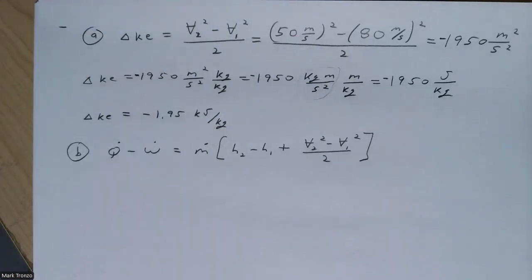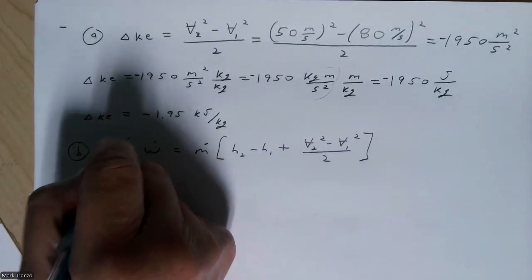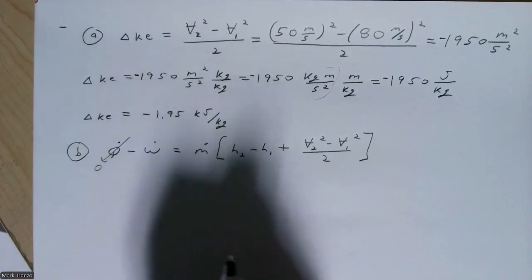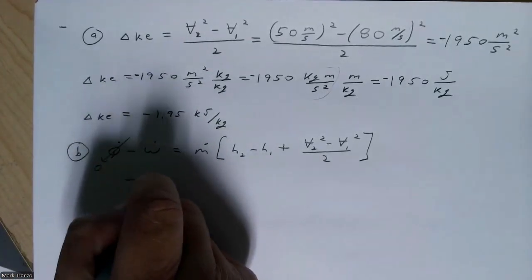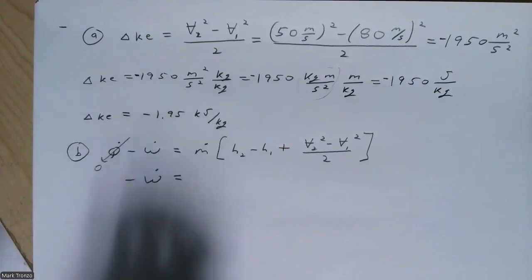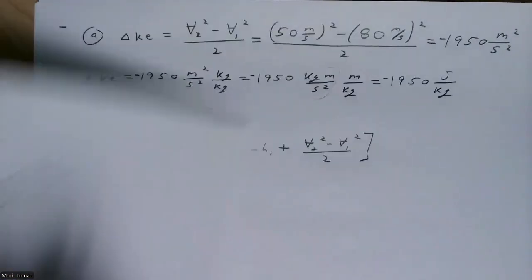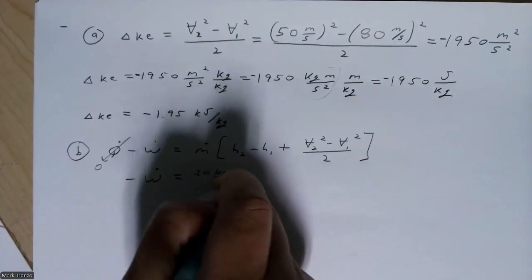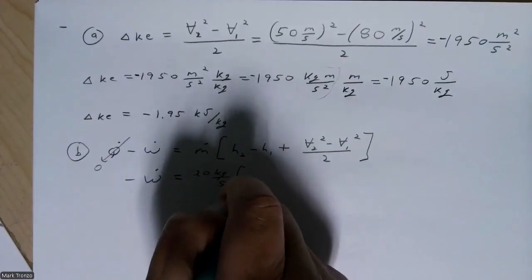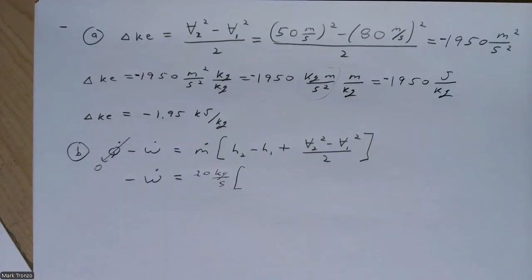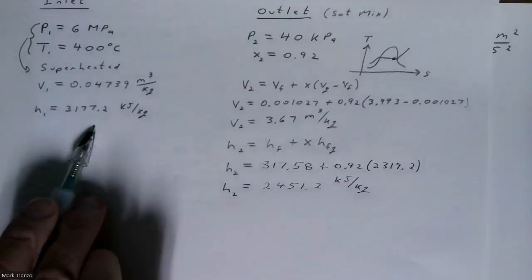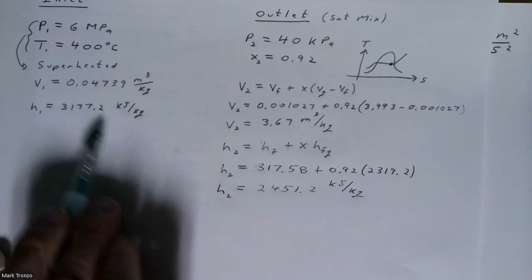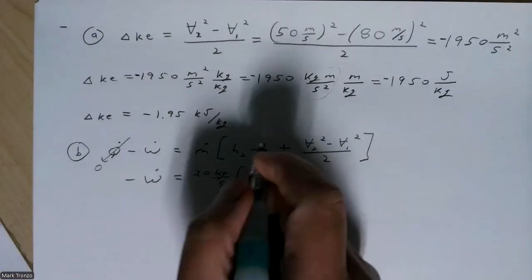We're assuming it's adiabatic, so this is going to be 0. And we're given the mass flow rate, 20 kilograms per second. And we're given the H1, well, we calculate the H1, the H2.